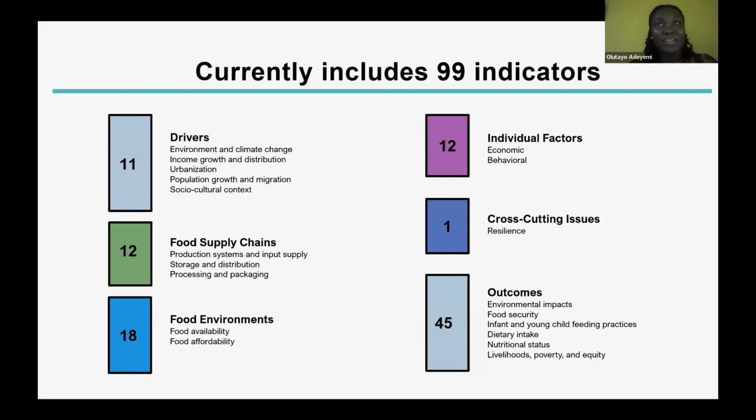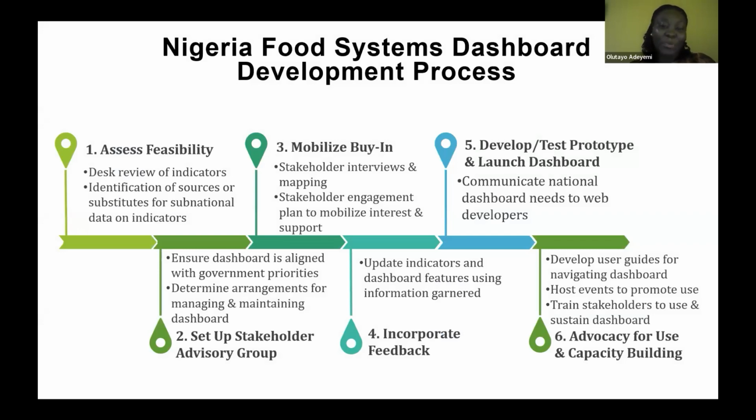In certain instances, we don't have national level data for some indicators, but we have other indicators where data is available at subnational level, and they provide similar information to what is being addressed on the global dashboard. Then a technical team reviews it and approves whether or not it should go on the dashboard. We are working to increase the 99 indicators to cover more components and subcomponents.